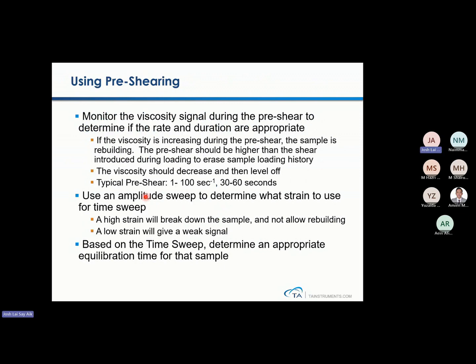You can also use pre-shearing. For some samples you need to homogenize every sample, so you can define a pre-shearing before the measurement starts to take place. There's a function here, so you can eventually use this to measure the sample.